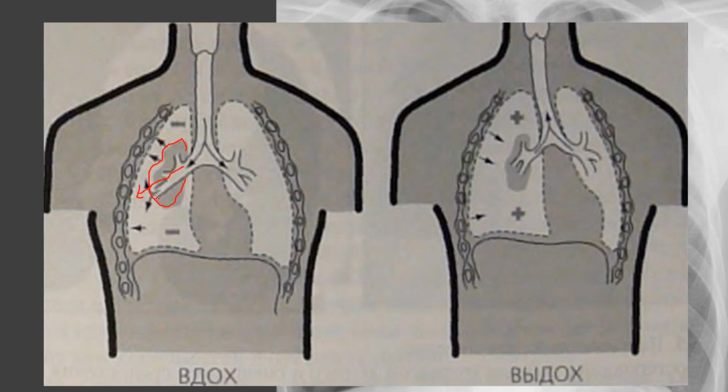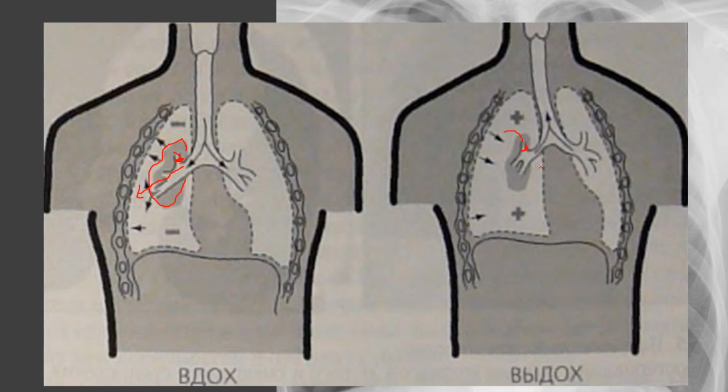There we have a valve which will open when you breathe in, and air goes to the pleura, and when you breathe out, this valve will close, and air cannot go away.